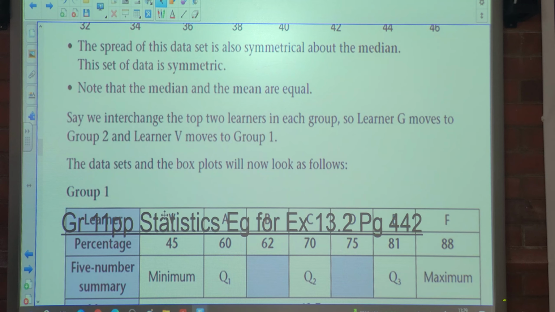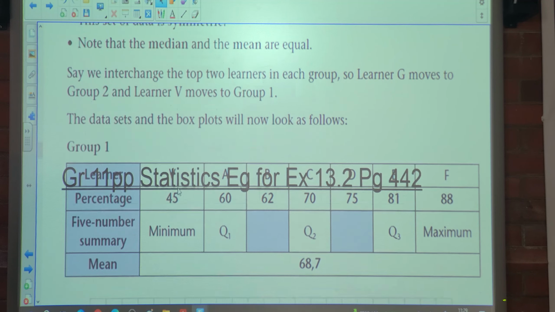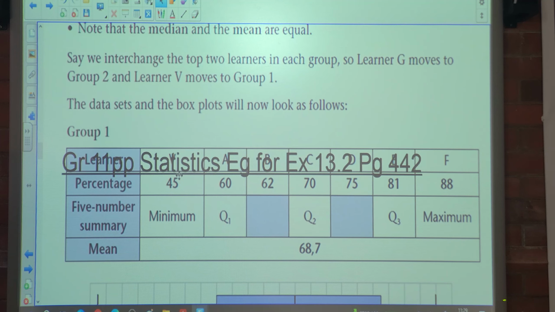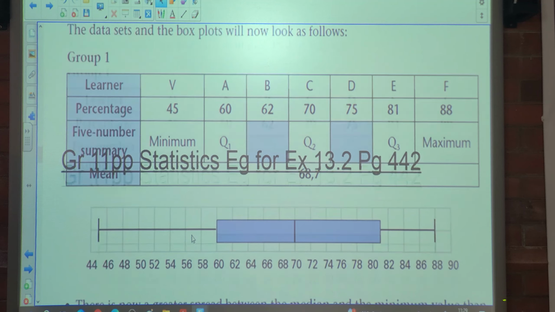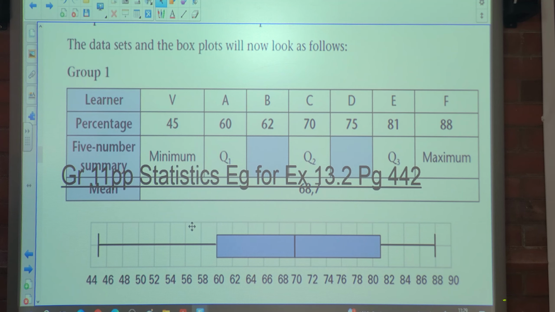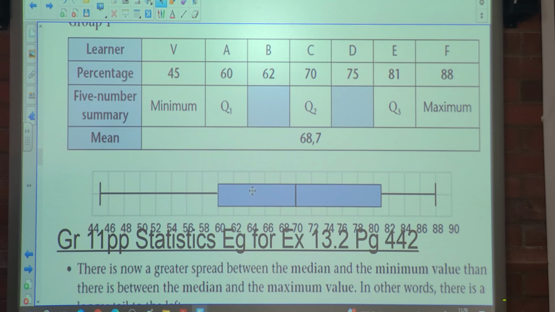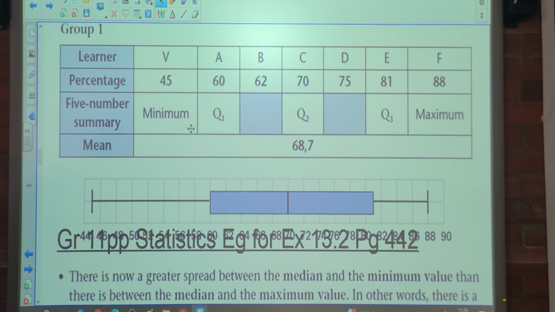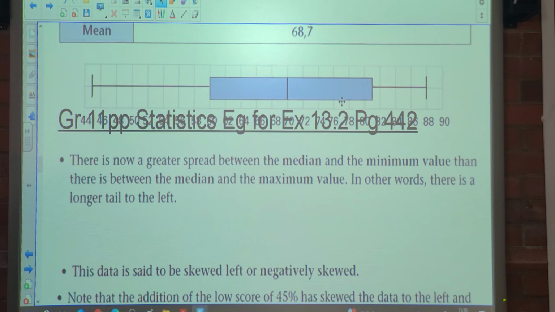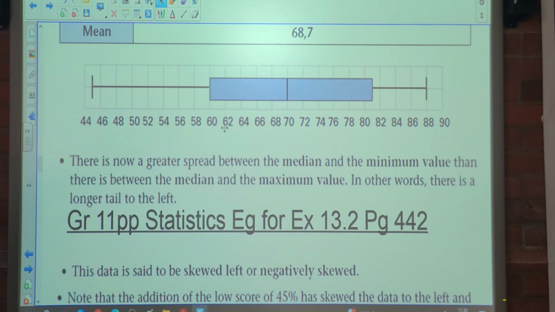So we interchange the top two learners in each group. So learner G moves to group 2 and learner V moves to group 1. The data set and the box plot will now look as follows. Okay. Group 1. So what they do is they put the minimum value here. Can you see that? It's A, B, C, D, E, F. So what happens to this data set now?